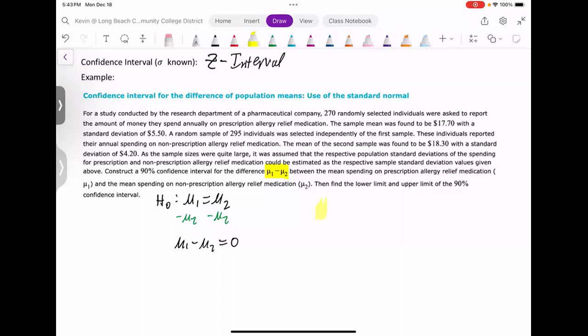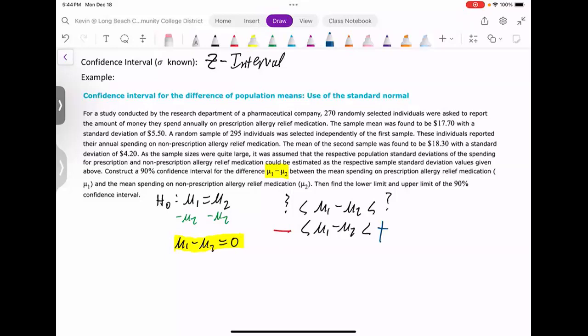So we're going to have mu sub 1 minus mu sub 2, some value. And if we assume that 0 is in there somewhere, then it should be going from a negative value to a positive value. Then we could come to the same conclusion.